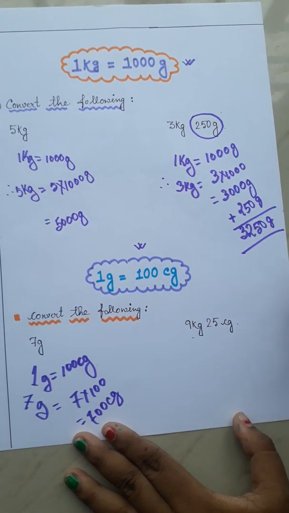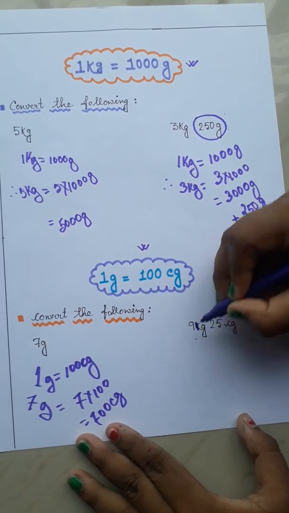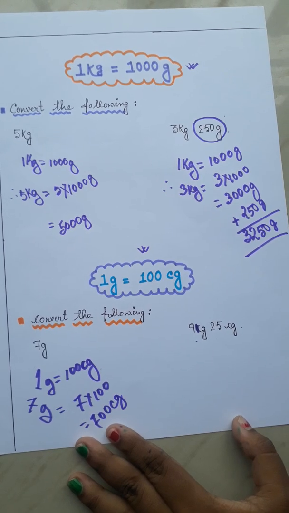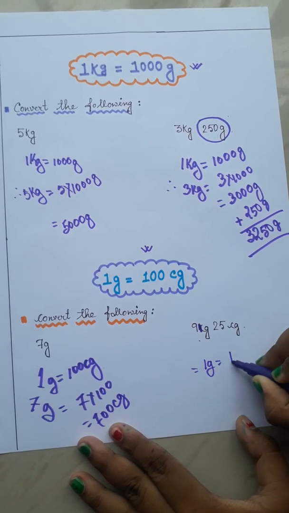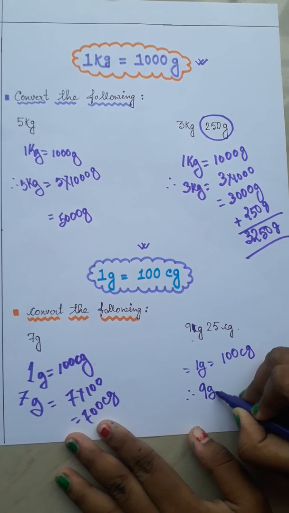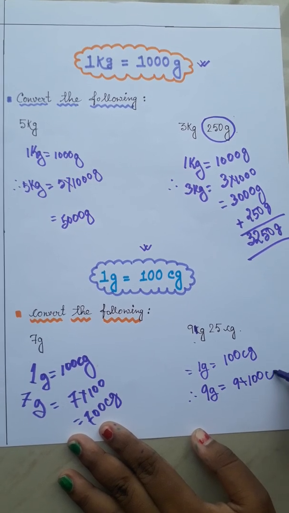Now the next one. 9 gram 25 centigram. So 9 gram 25 centigram means how much centigram. Okay. So at first we will write 1 gram equals 100 centigram. So 9 gram equals 9 into 100 centigram.